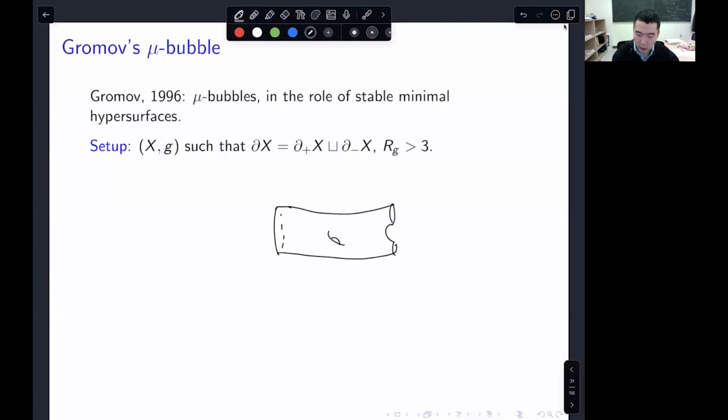Okay, so this is our X, but then I should be able to group the boundary components into two disjoint families: one, let's call it boundary plus, and the other, boundary minus. Then the scalar curvature, let's assume it's uniformly bounded below by some positive constant, say 3. The number 3 doesn't matter much here.